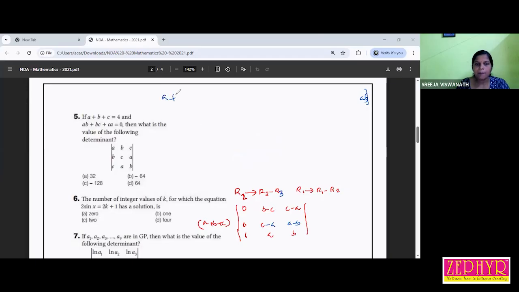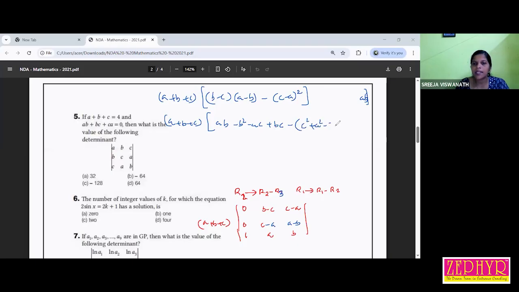That is A plus B plus C into B minus C into A minus B minus C minus A into C minus A, that is C minus A the whole square. That is A plus B plus C into AB minus B square minus AC plus BC minus of (C minus A) the whole square, C square plus A square minus 2CA.